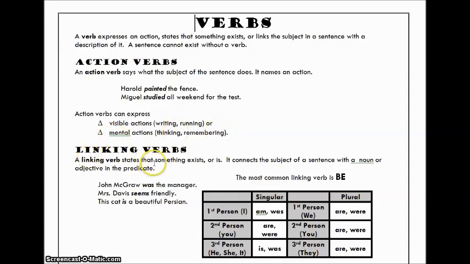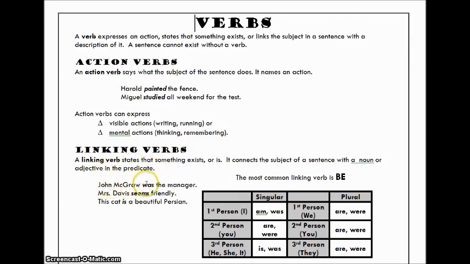A linking verb does one of two things. It states that something exists or is, okay? And it usually then describes that subject. We'll connect the subject with a noun or an adjective following the verb or in the predicate that's going to tell us about the subject.